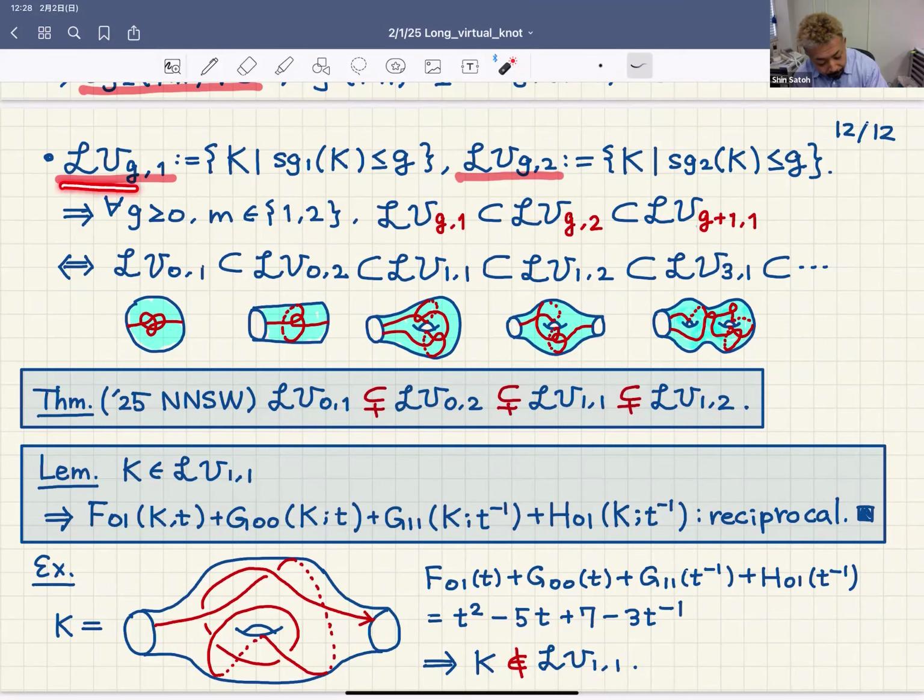Let LVG1 denote the set of long virtual knots whose one supporting genus is at most G. LVG2 is the set of long virtual knots whose two supporting genus is at most G. Then, by the previous lemma, we have already seen that LVG1 is a subset of LVG2, and LVG2 is a subset of LVG plus 1, 1. So we have this filtration, like this.